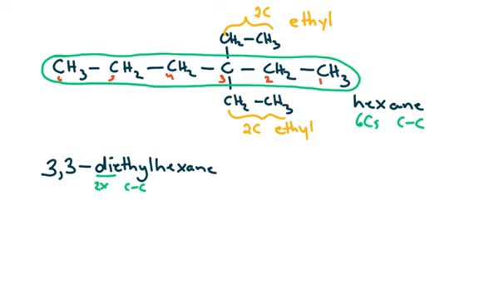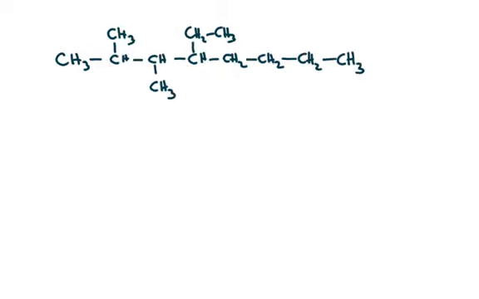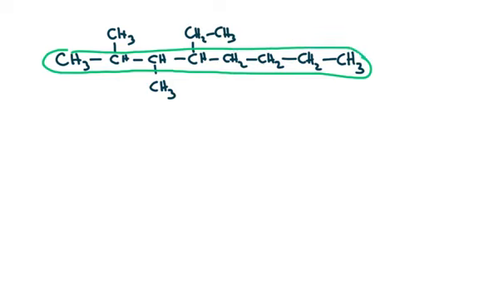Okay, let's try another one. All right, we've got a big one here, but again, all the rules apply. So the first rule is find your longest chain. So again, that longest chain is going to be right through the center, like it most often is, but again, not always. So we'll see some examples coming up of where there's bends in the chain. So once I circle that, you can very clearly see our substituents.